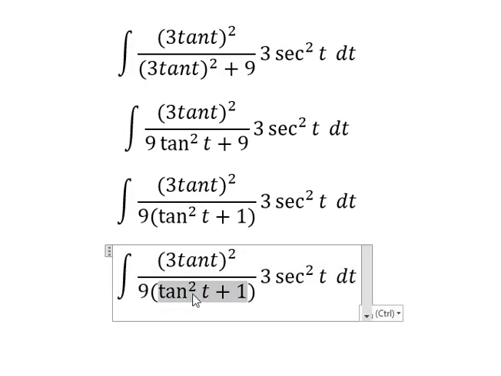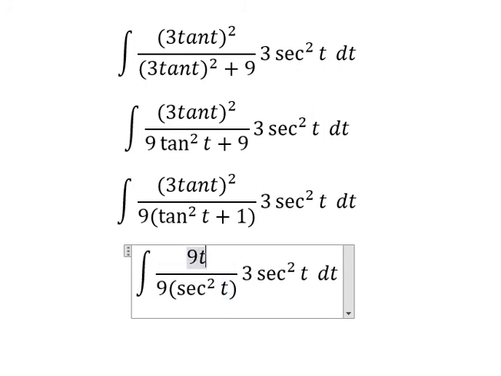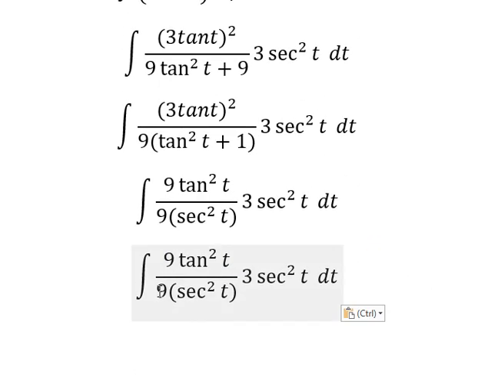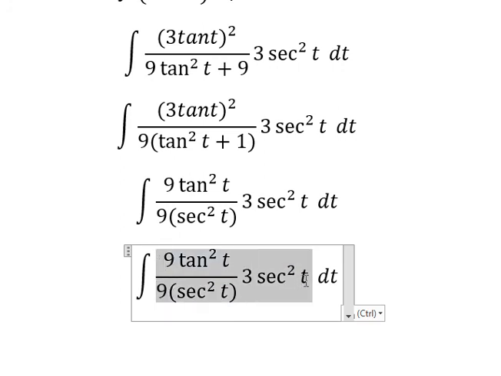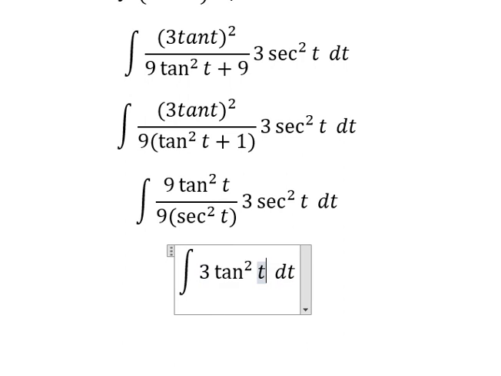This one we change by secant of t squared. This one we have 9 tan t squared. Now we need to simplify 9 secant of t squared, and we just have only 3 tan t squared.